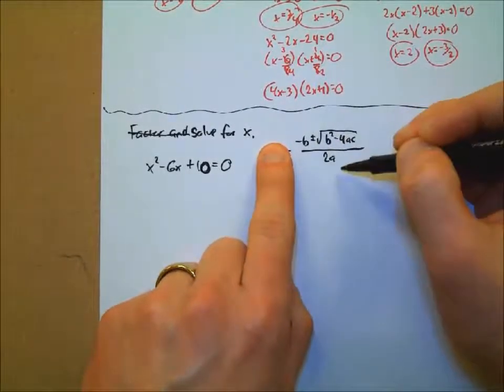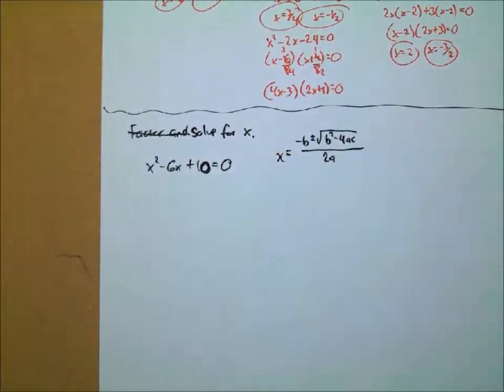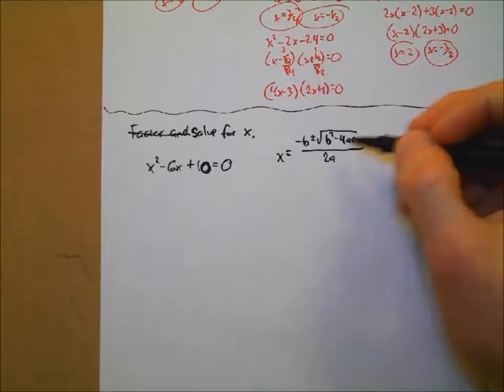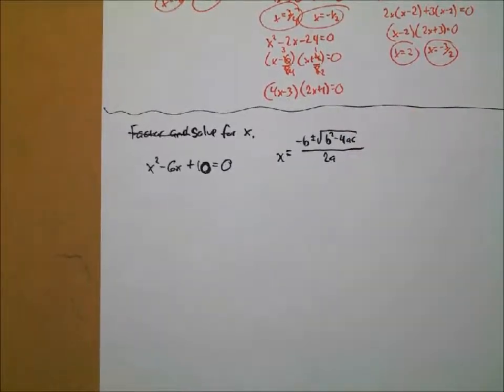We lose some meaning if you don't put that x equals there. The quadratic formula is helpful for finding solutions to our quadratic, but it's not always helpful for factoring, right? Because you can use the quadratic formula on any quadratic.